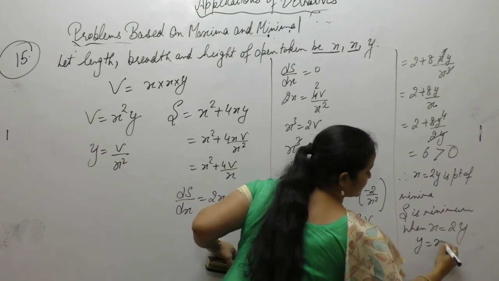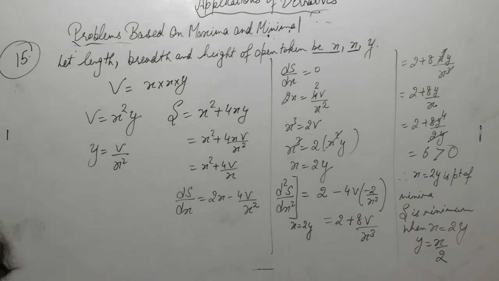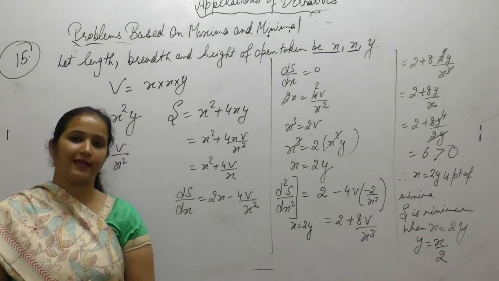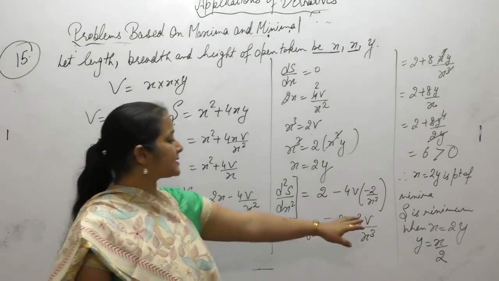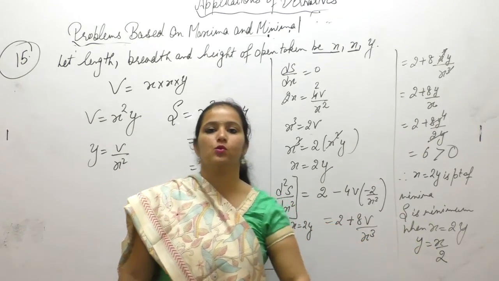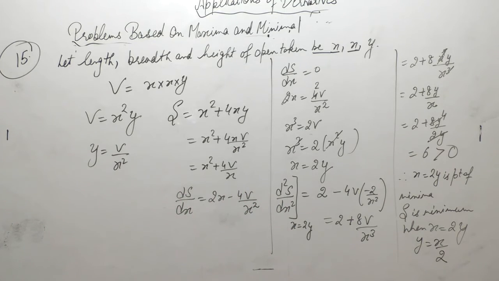Height is equal to half of its length. That is, the depth or height of the tank is half of its width. This is what we wanted to prove: surface area will be minimum when height is equal to half of its width. Note it down.